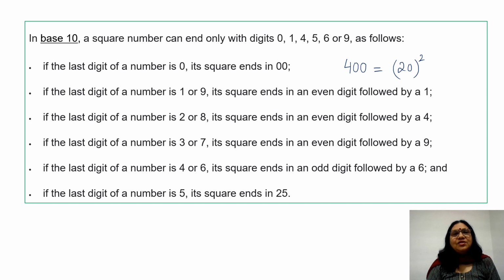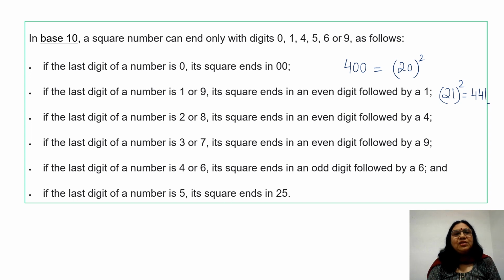Similarly, if the last digit of a number is 1 or 9, it means a square ends in an even digit followed by 1. So if I make the square of say 21, it would be 441. So it ends with an even digit, 4 is an even digit, followed by 1.